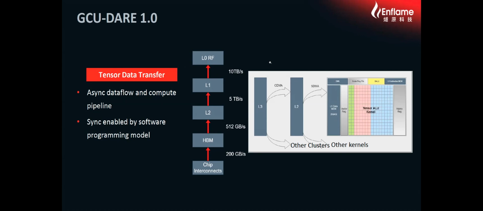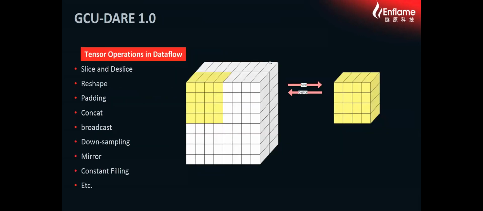Then we bring the data from the L2 cache to the L1 cache, and from the L1 to the L0 register file, we use instructions to load the data in to do the computation. And as we get closer to the local register file, closer to the tensor ALU kernel, the interconnect bandwidth increases. For example, from L1 to L0, the on-chip bandwidth can be as high as 10 terabytes to sustain the computation of this tensor ALU kernel.